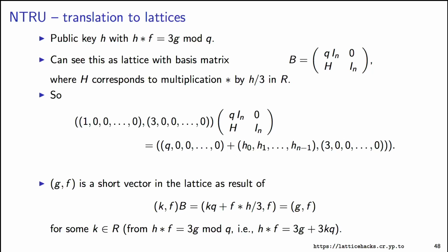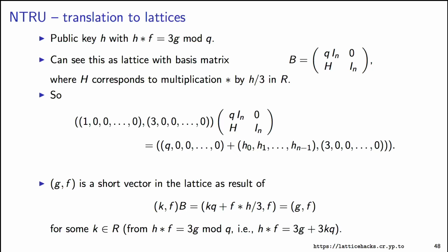And g and f are small. That means they have very few non-zero entries, and the entries are very small. They're only plus or minus 1. So if I'm right about this, and I'll walk through the steps in a moment, then this vector in the lattice is very likely to be the shortest vector at all. So then I can use LLL or something to actually get this vector.